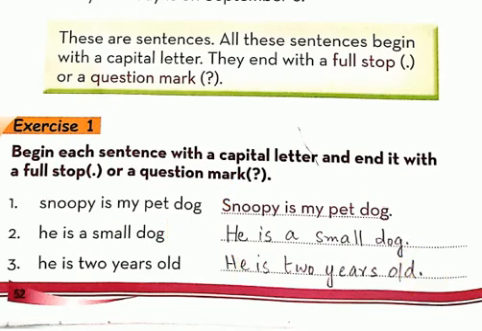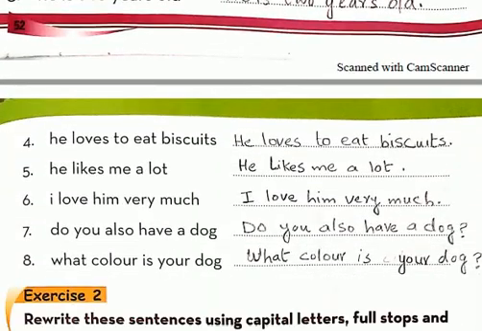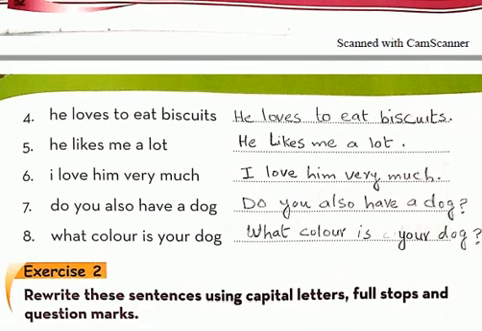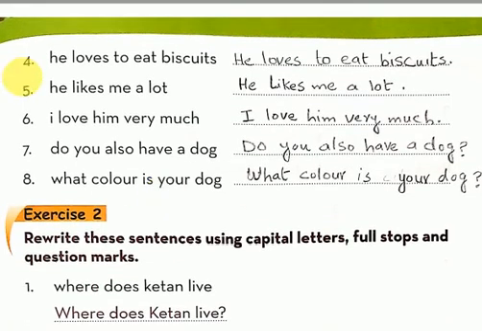Okay students, let's go to the next page, number 53. See option number 4: he loves to eat biscuits. Same error in this sentence, the H of the word he should be capital, because it's the first word of the sentence.